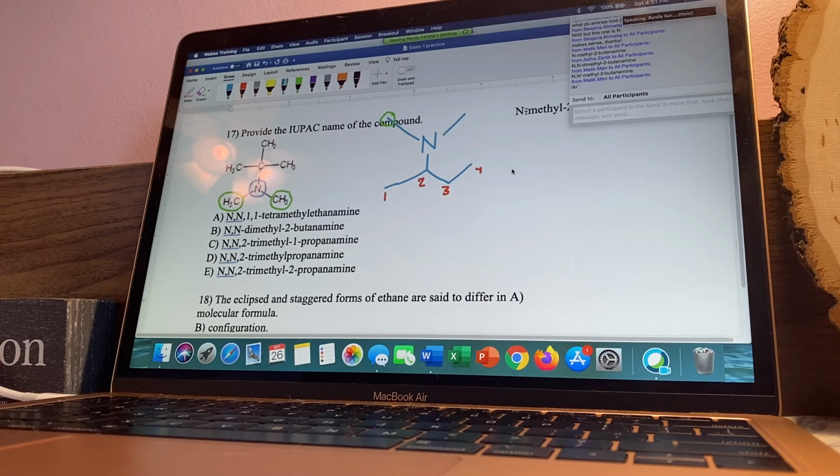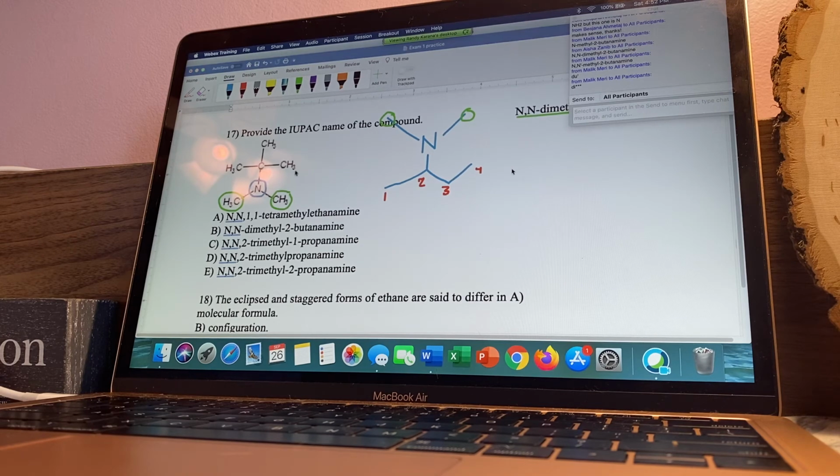So of course, never forget the dimethyl. Yep. So N-dimethyl 2-butanamine. And if you want me to break this down, these 2 methyl groups right here are the N-dimethyl. Because again, both of those methyl groups are coming off of the nitrogen. And then the parent chain is going to stay the same because it's still 4 carbons. And then you just have the nitrogen coming off the second carbon.